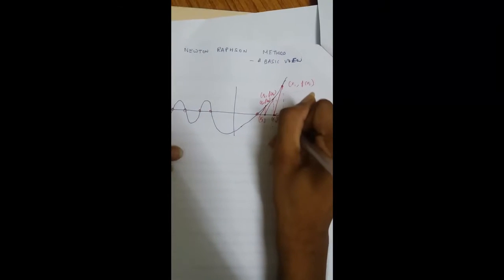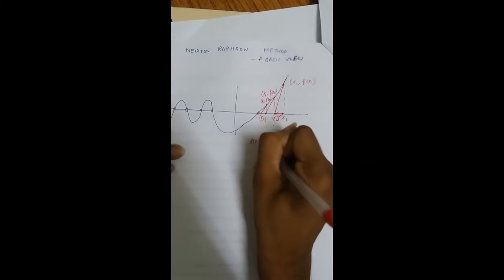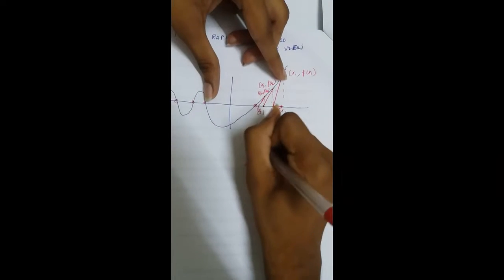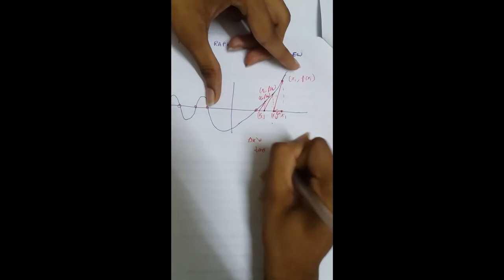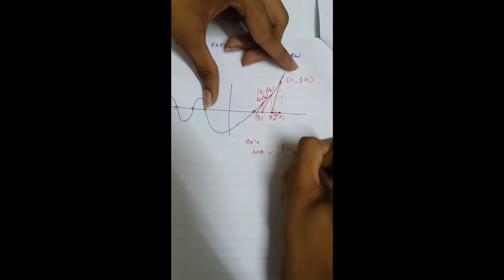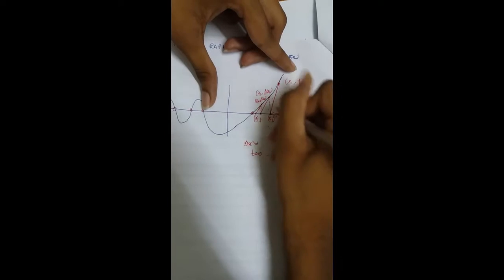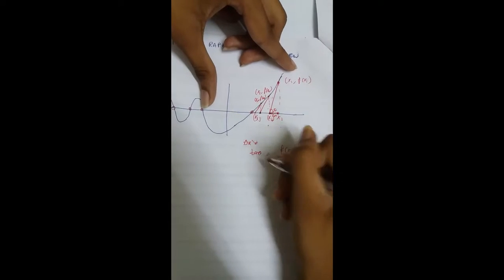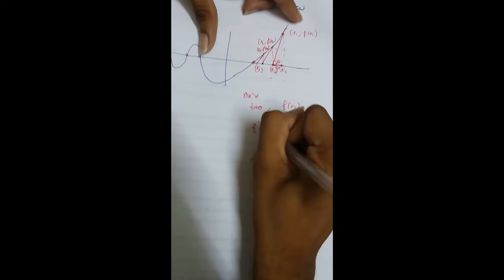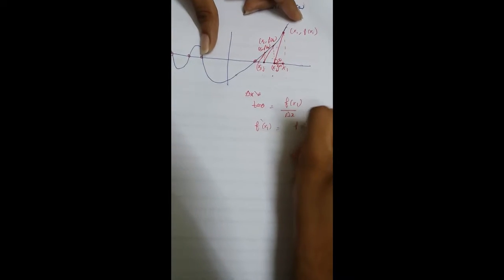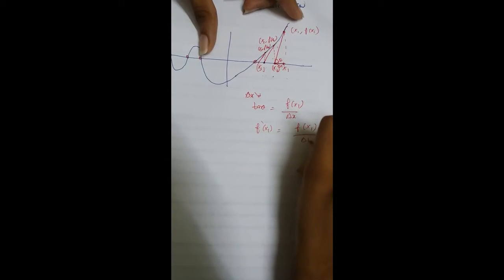Notice that this is delta x. So how do we calculate delta x? Considering this is theta, tan theta would be equal to f(x1)/delta x. Now, tan theta is nothing but the slope of the function. Therefore, f'(x1) would be equal to f(x1)/delta x.